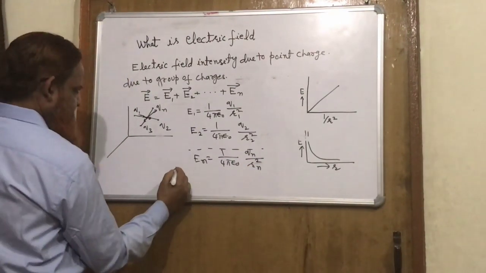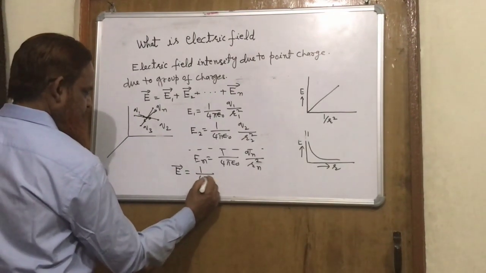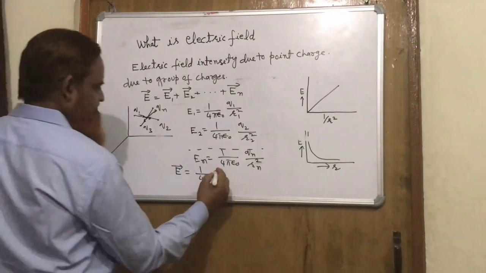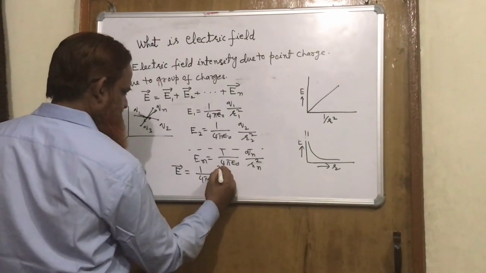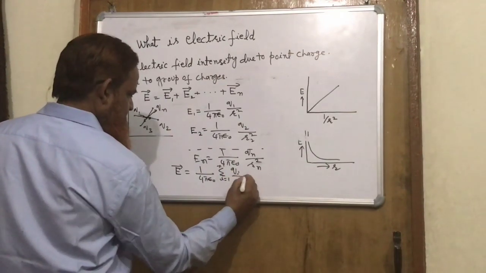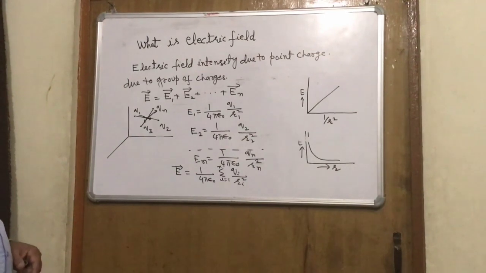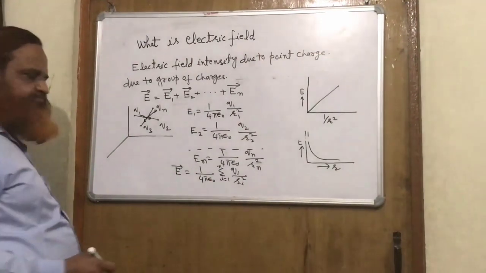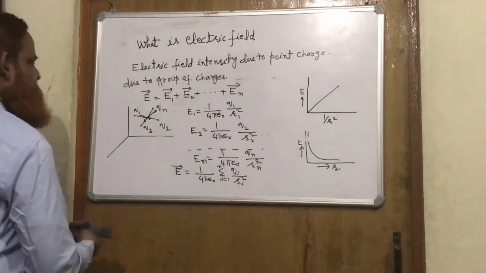So the total electric field will be 1 upon 4 pi epsilon naught sigma i equals 1 to n Qi by Ri square. And the net direction we will find by vector addition.